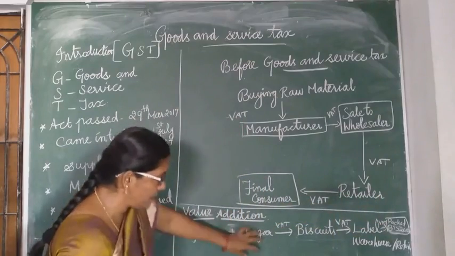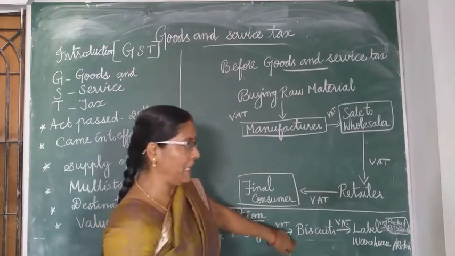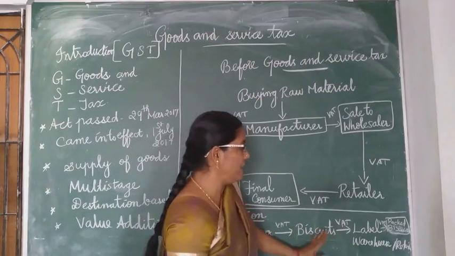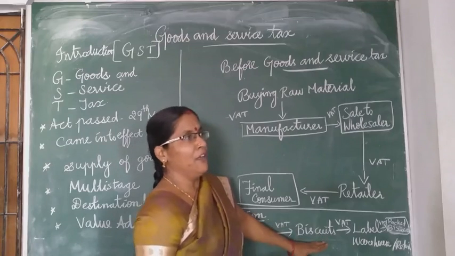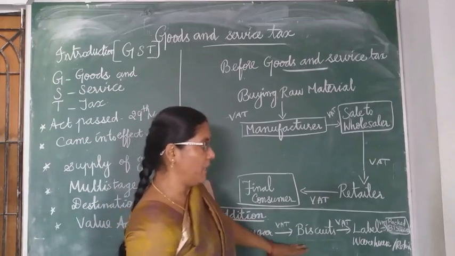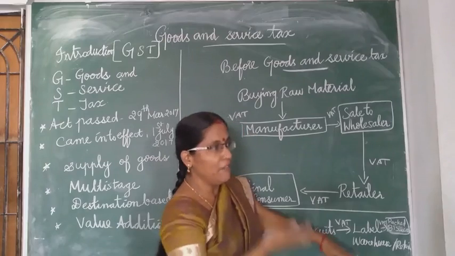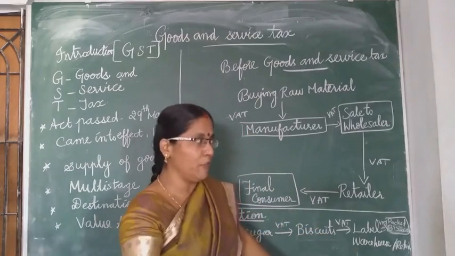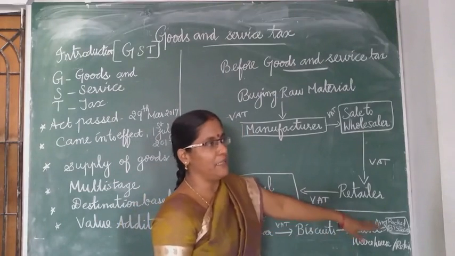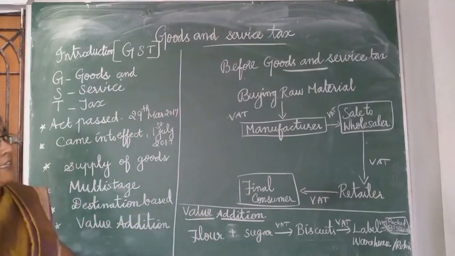So we are paying on the value addition. After getting the raw material to make biscuits, we have to add the value addition. And after making the biscuits, we have to label them and send them to the warehouse. That is where we are adding the value. So at each and every stage we are paying the tax. So this is the introduction.